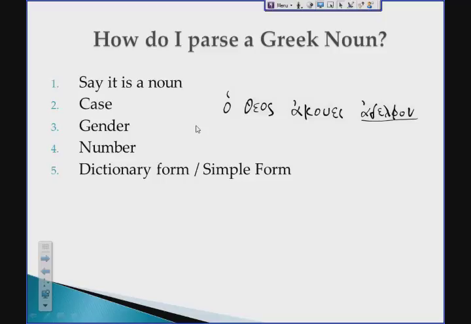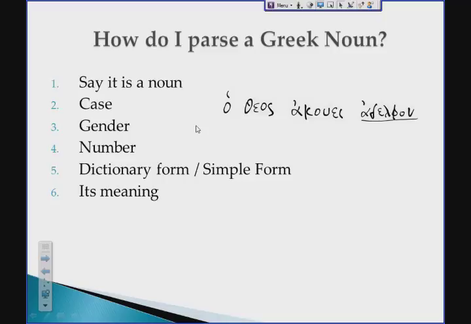So you must tell me the form of this noun as it appears in the dictionary. This is the lexical form, how we find it in the dictionary. Then you must tell me its meaning, not the meaning in the sentence, but the meaning in the dictionary.